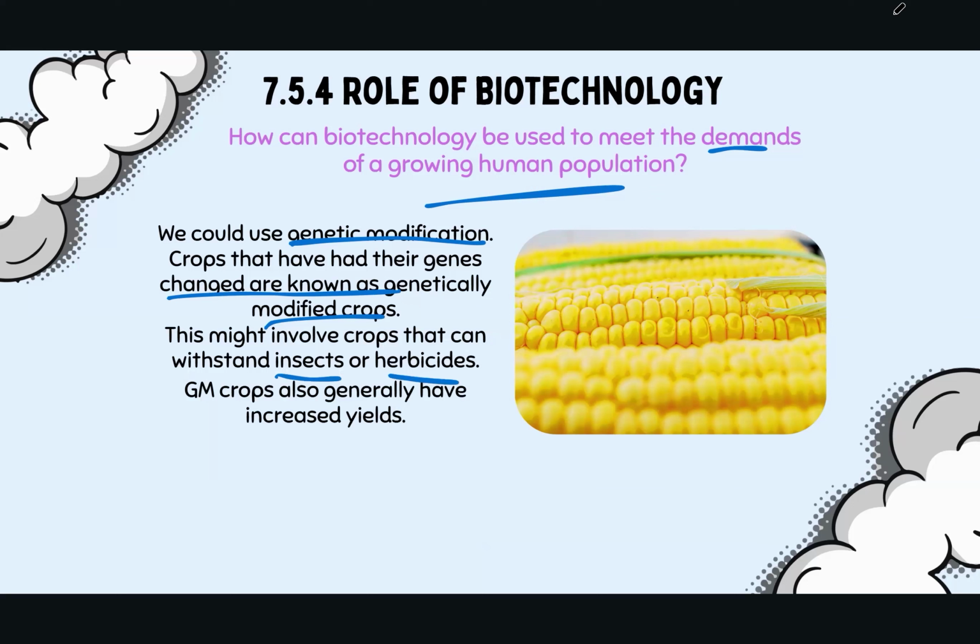So that means a farmer will get a better yield or a better harvest because less will have been eaten by insects, and it means they can use herbicides without killing off the plant. So genetically modified crops have increased yields in general.